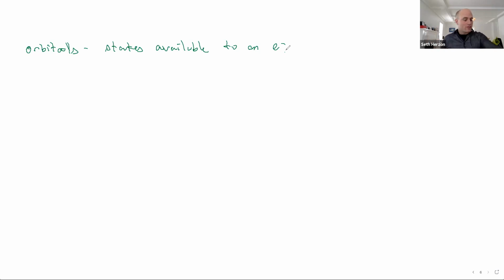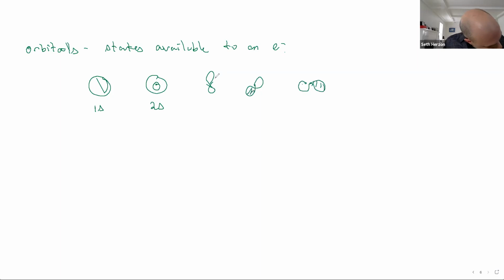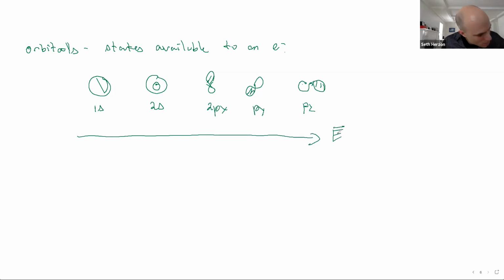Okay, and so if I were to sort of list them, the energy of those orbitals increases as you go through the series 1s, 2s, 2p, okay?